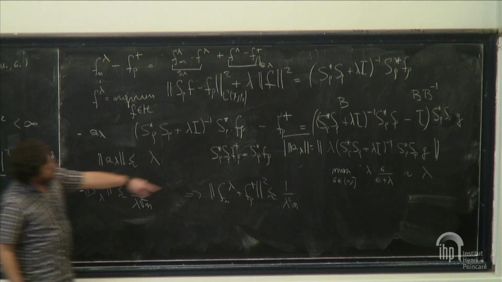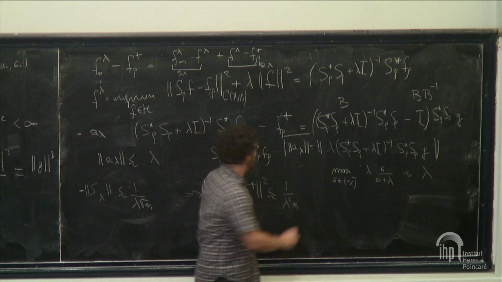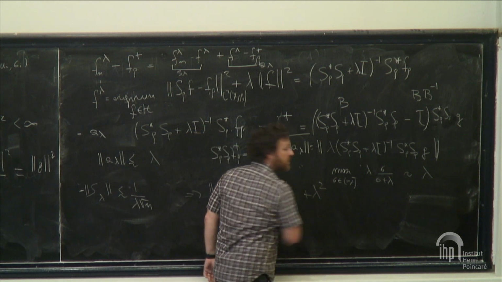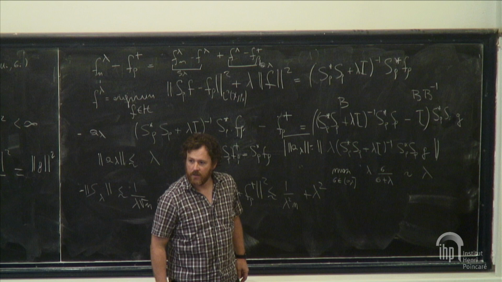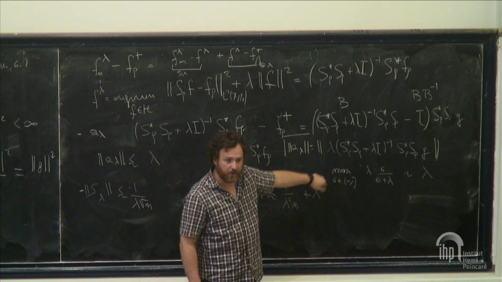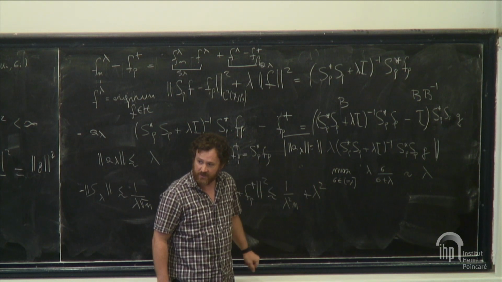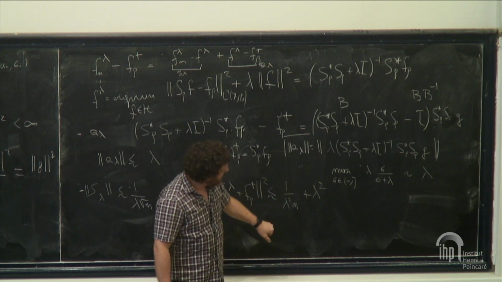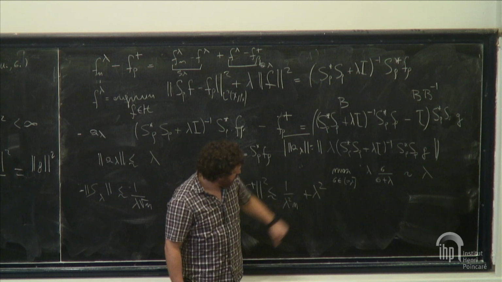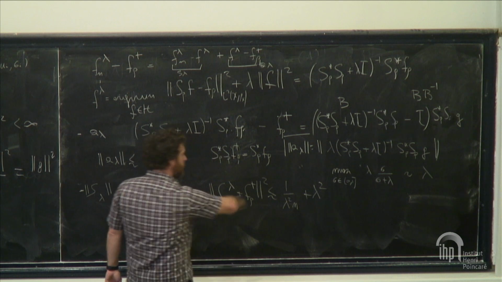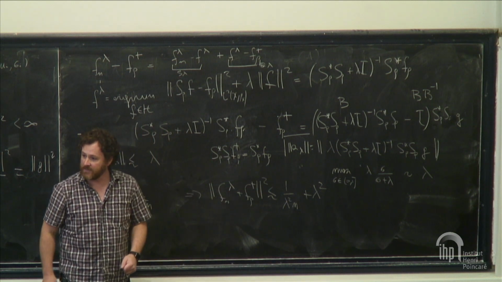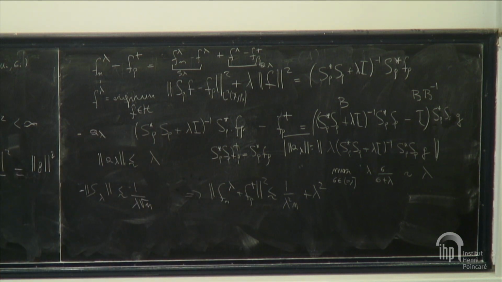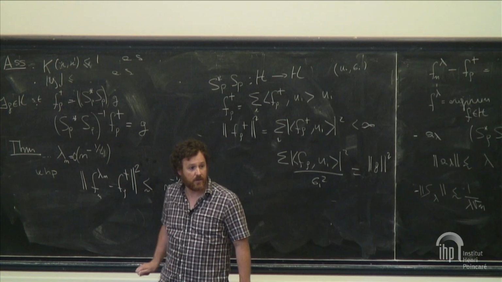So you get 1 over lambda square n plus lambda square. Okay? In my notes, I made the assumption slightly weaker, and I get a slightly worse rate here. So this gives you exactly what you wanted. It gives you lambda. So if you now take this, you just optimize over lambda. You get lambda over n to the 1/4. You plug it back in, and you get the result.